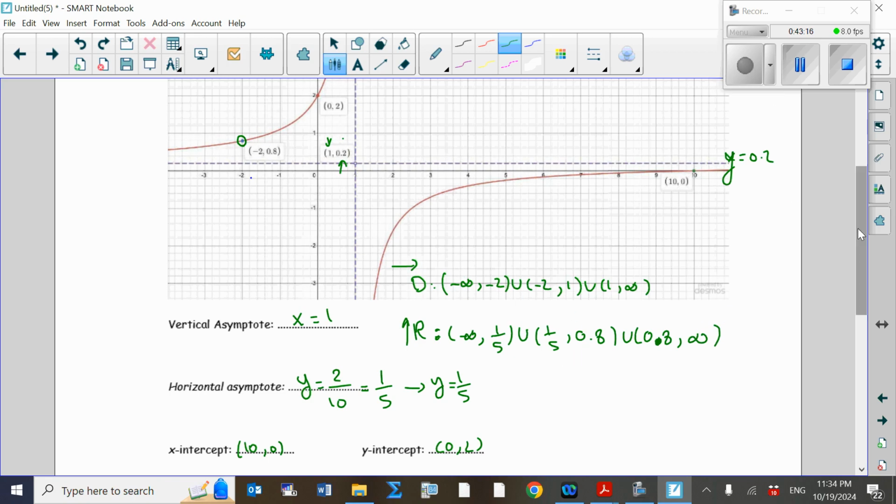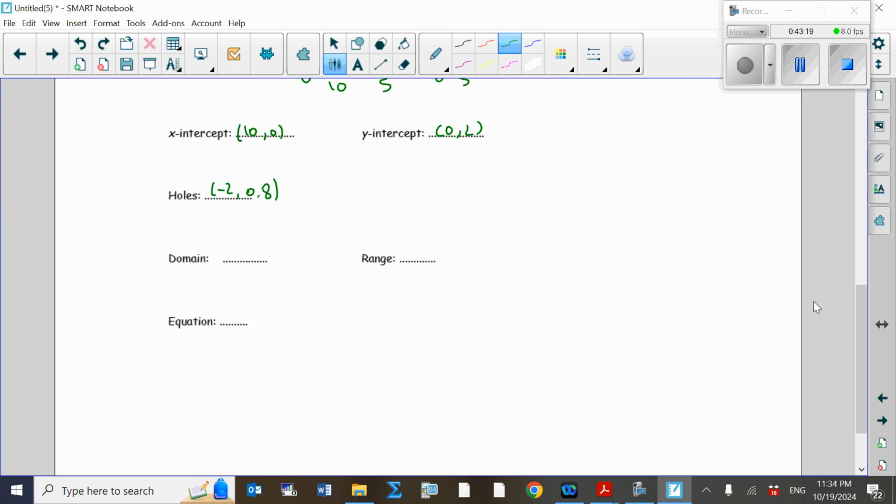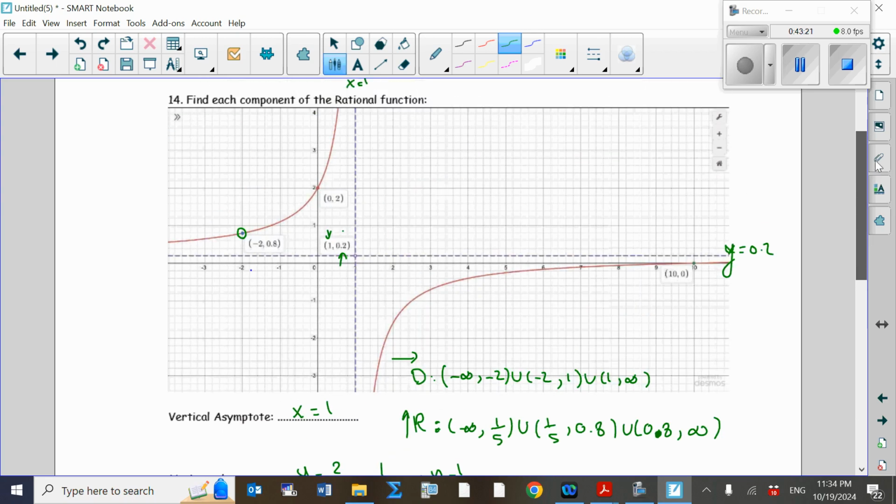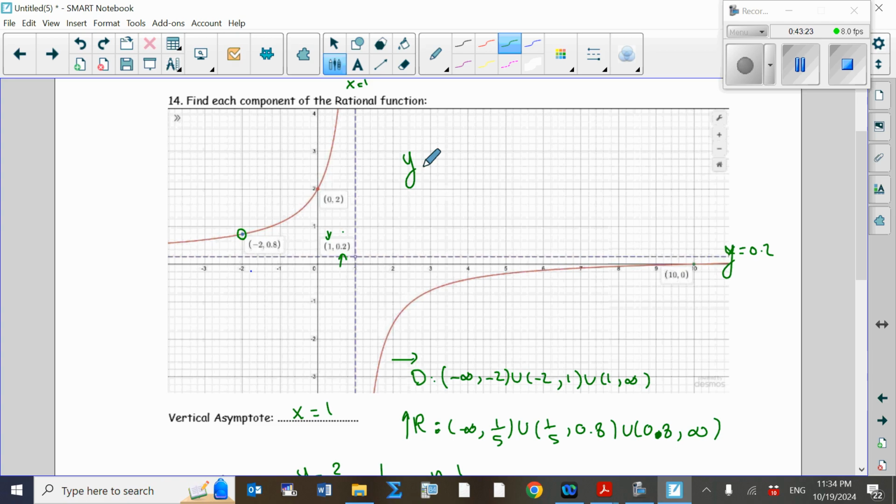Okay, now we're ready to write the equation of the function. I'm going to write that here in the middle. So we know that if we have a vertical asymptote, the vertical asymptote comes from a factor in the denominator. So if x equal to 1 is the vertical asymptote, x minus 1 was the factor that created that.